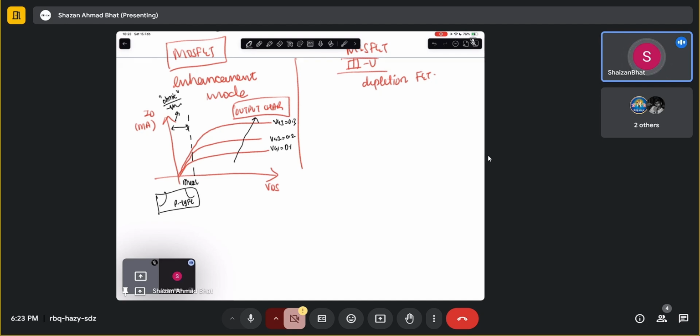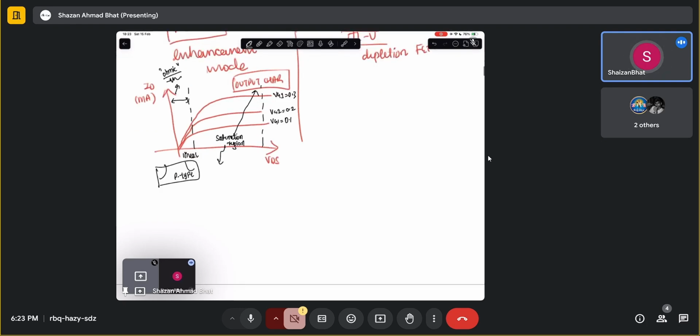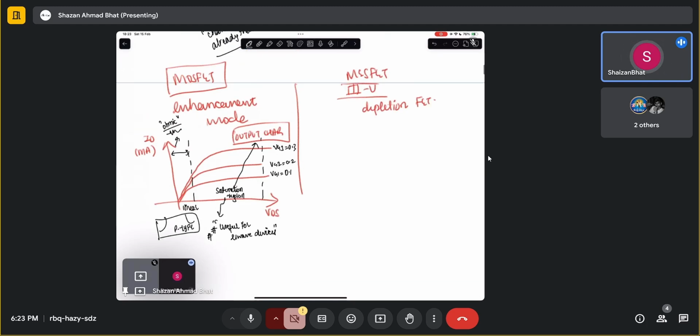But in this particular region, the current saturates. So it's a saturation region, which is useful for microwave devices. Why it's useful, that's what we are going to study today. But this is the enhancement mode that you have seen.